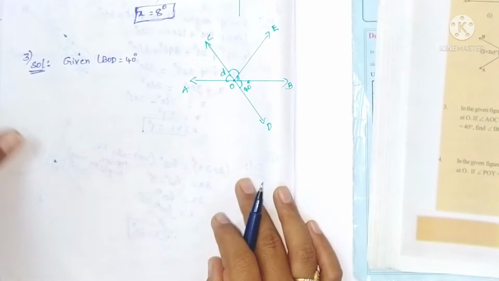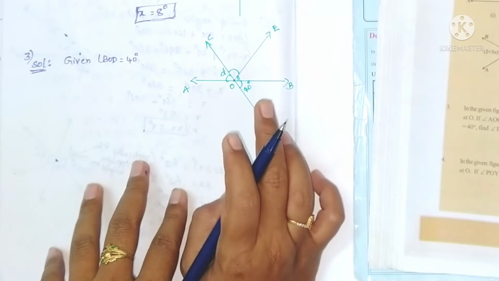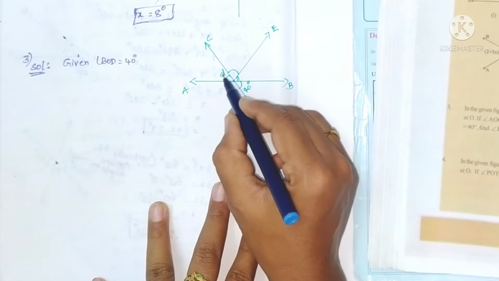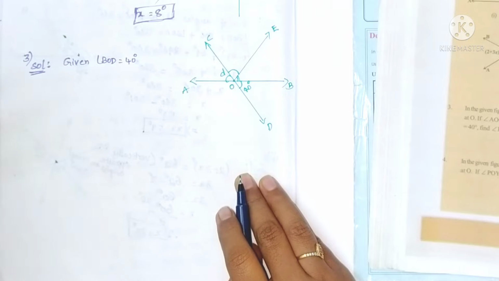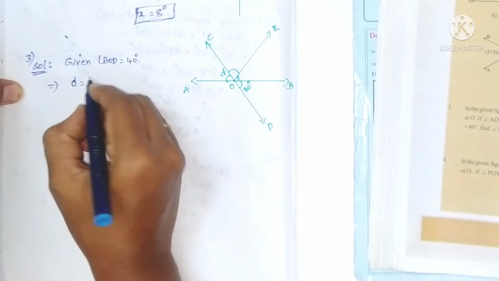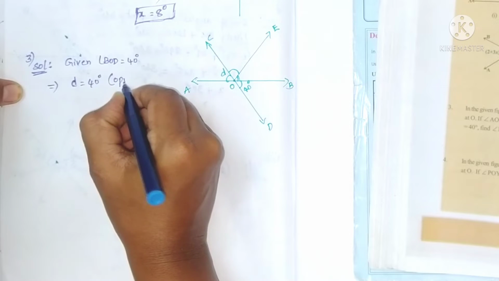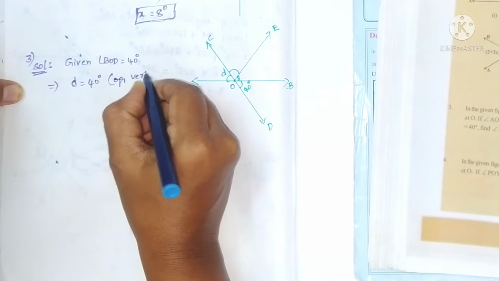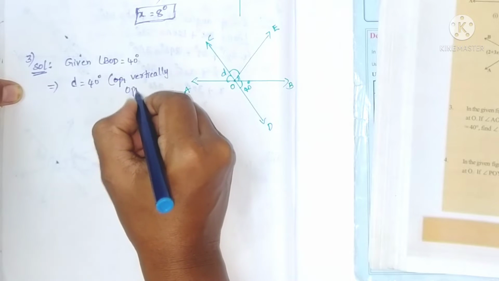So first, given angle BOD equals 40 degrees. From the figure, we can say angle AOC equals 40. Why? Because these two angles are vertically opposite angles. What is the reason? Vertically opposite angles.